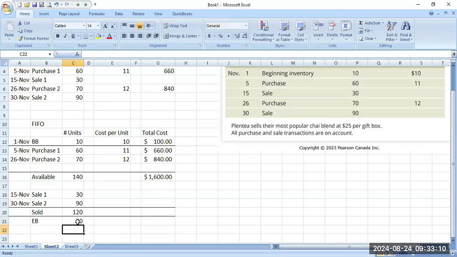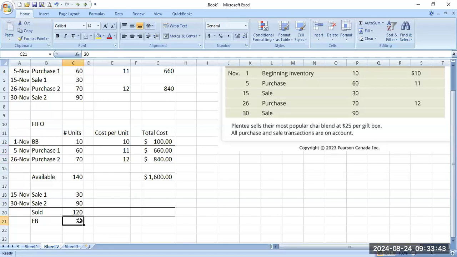Now, using first in, first out, that means for the 30 units that I'm selling, first I'm going to sell my beginning inventory, 10 units, and then I'm going to sell 20 units from my first purchase. That's 30 units. Then from my first purchase, 40 units are left. On my second sale, I'm going to sell those 40 units from my first purchase, and another 50 units from my second purchase. That's how I'm left with 20 units.